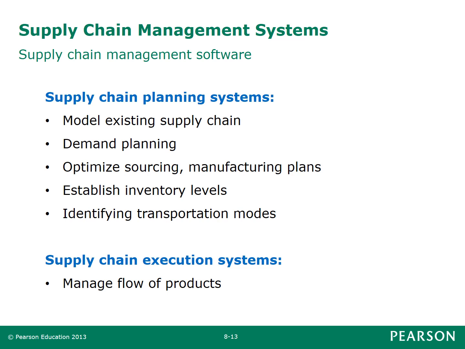The activities belonging to the planning part can include modeling the existing supply chain, demand planning, optimizing sourcing and manufacturing plans, establishing inventory levels, identifying transportation modes, and so on. And to execute the running supply chain, there are many activities to coordinate and manage the flow of the product along the supply chain.